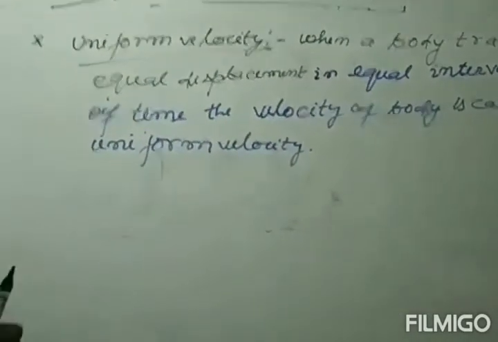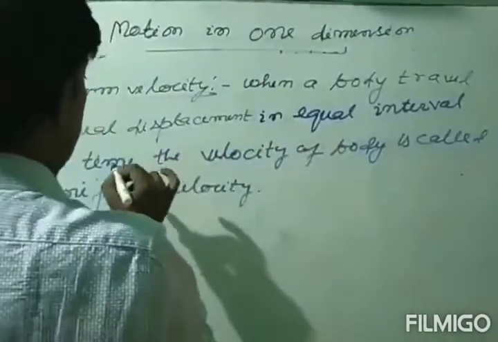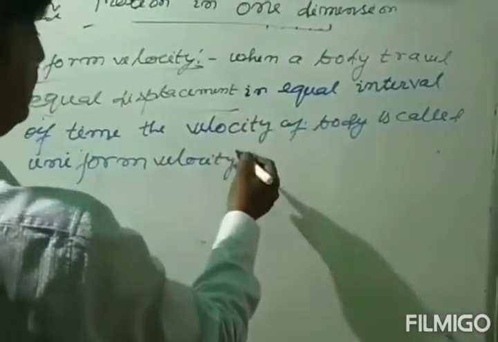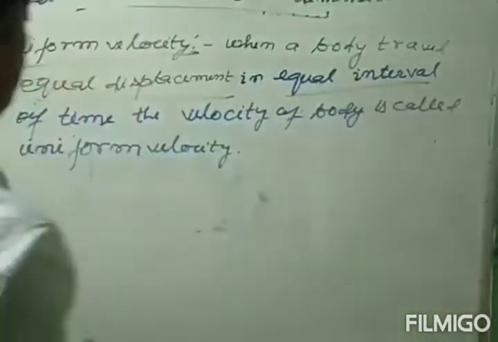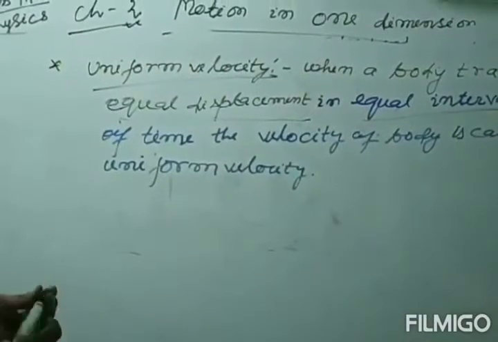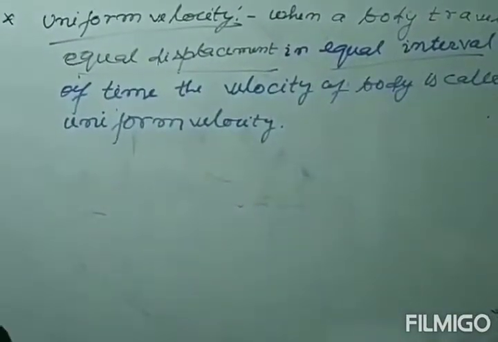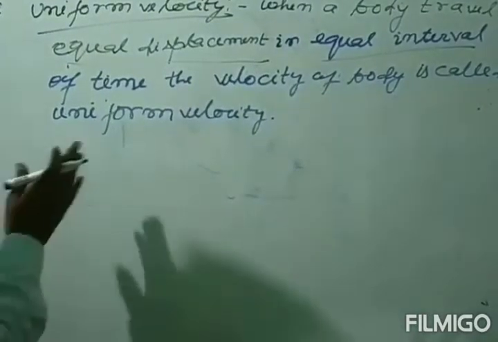Here two points are important. First, equal displacement, and second, equal interval of time. Means if a body travels equal displacement in equal interval of time, then the velocity of body is called uniform velocity.